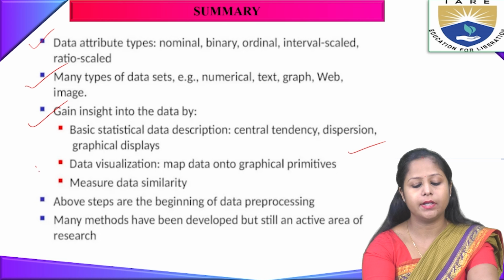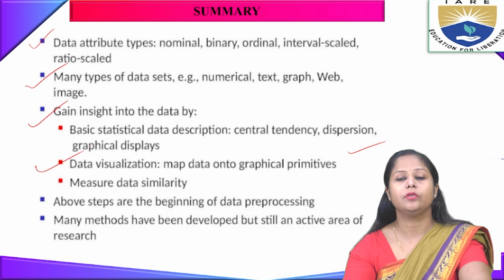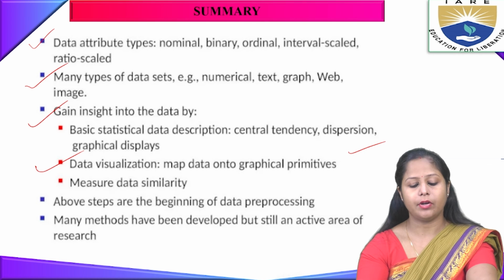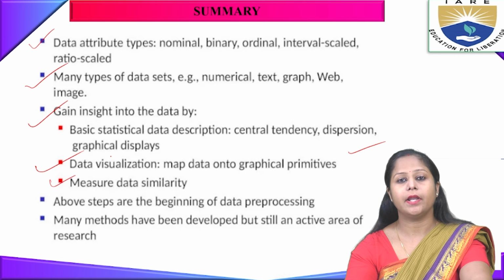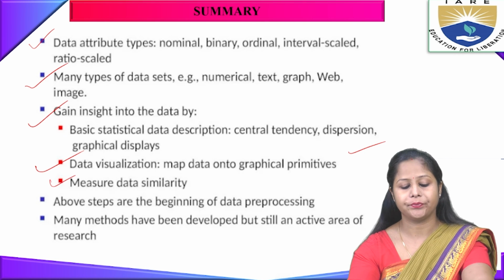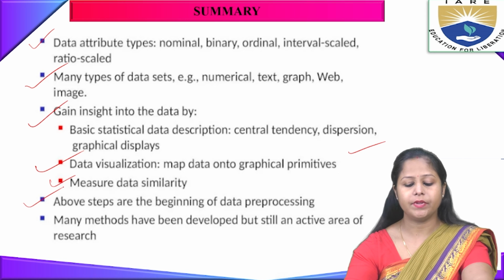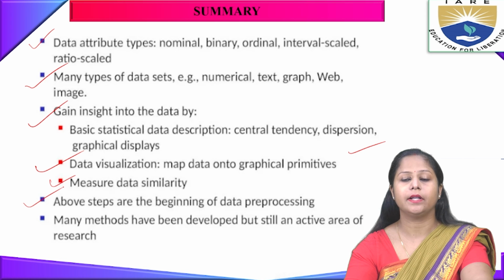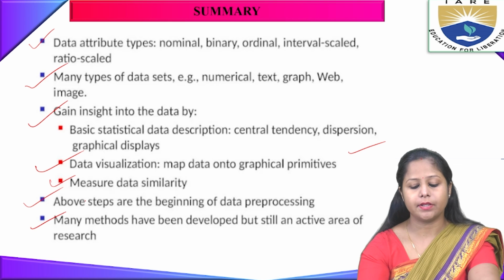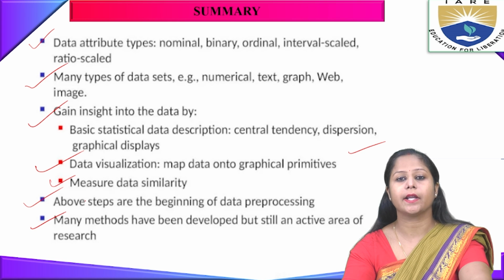We have also covered data visualization, which we use to map data onto graphical primitives. We have also measured the similarity of data objects, and the above steps are the beginning of data processing. Many methods have been developed, but it is still an active area of research.